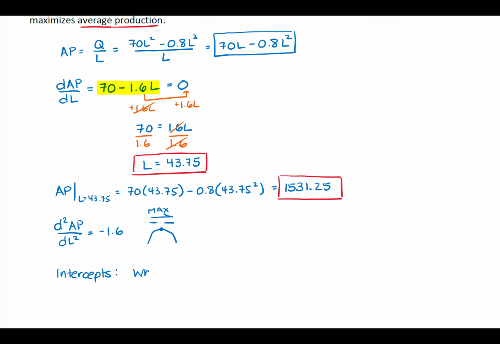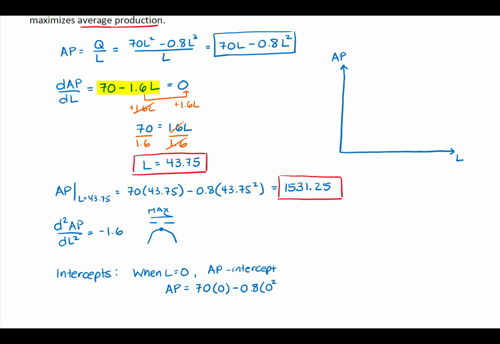Let's recall that when L is equal to 0, I should be able to get the vertical intercept or the AP intercept, as I will be graphing AP versus L. So subbing in L is equal to 0 into our equation, I get AP is equal to 70 times 0 minus 0.8 times 0 squared. This is my original AP equation that I'm subbing into. And what I get is AP is equal to 0. So I have a coordinate 0, 0 right here.